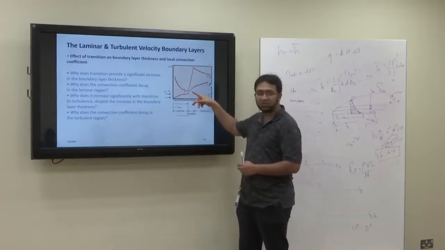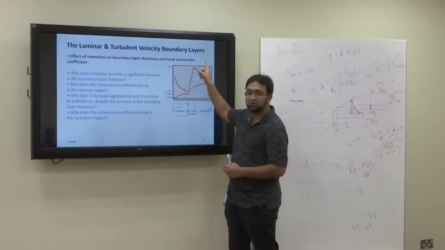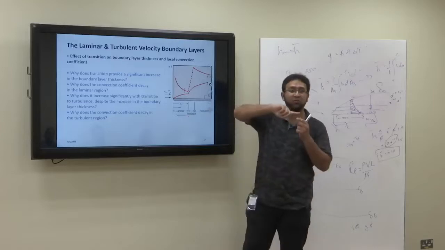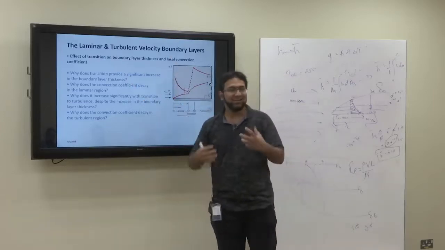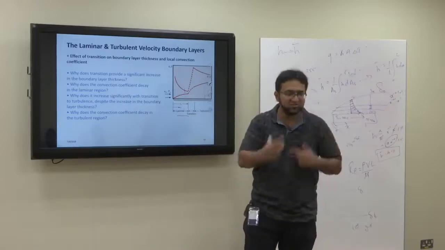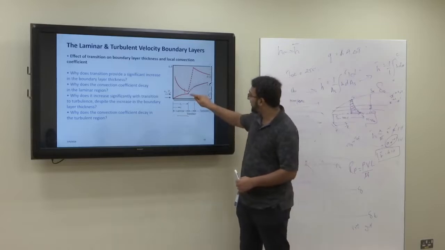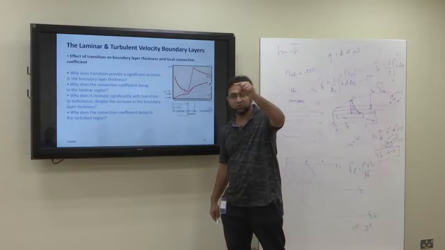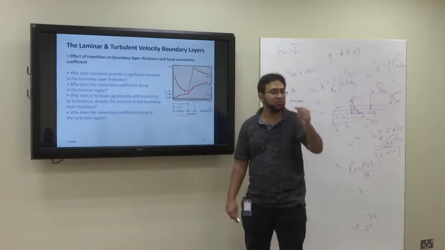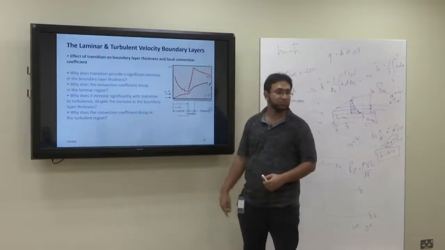However, in the transition range, there is a significant hike because it now moves from laminar to turbulent, and turbulent has an inherent characteristic that it increases the heat transfer significantly. So while it is moving from laminar to turbulent, there is a significant rise in the heat transfer coefficient.